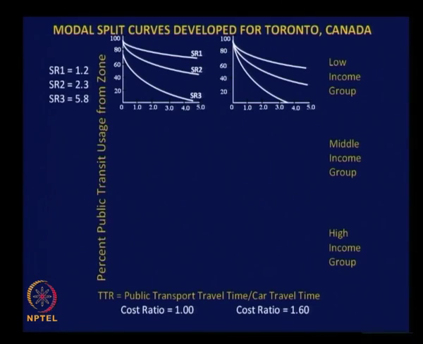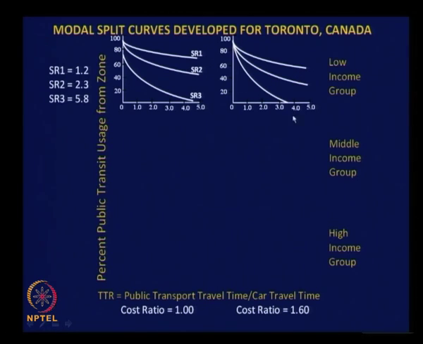You can see the right side curves are a little steeper in respect of their slope compared to left hand side curves, right. For example, if you take the curve corresponding to SR3, it is tending to touch the x axis at around travel time ratio of 5.0, whereas here the same SR3 line is touching the x axis at around 3.5.